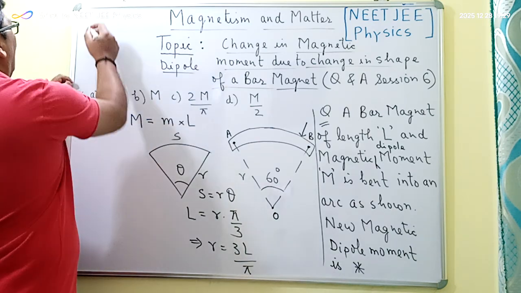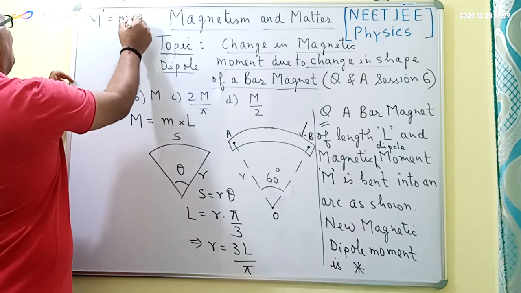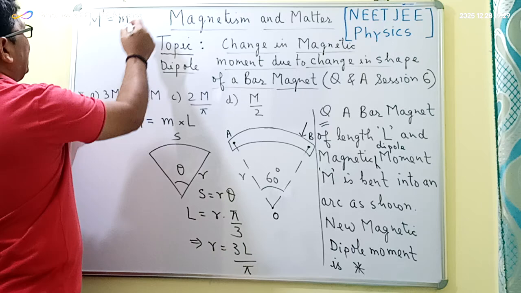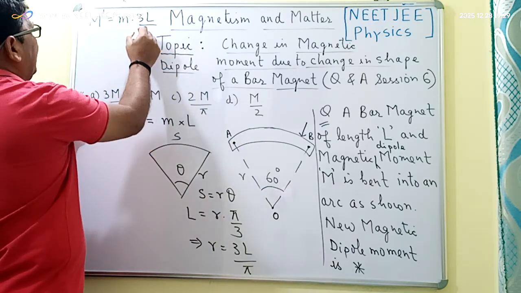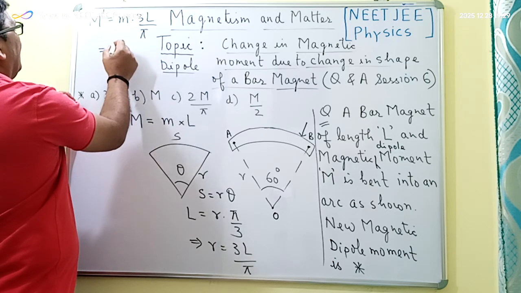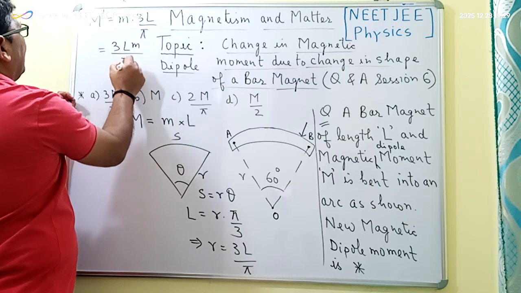So the new magnetic moment, say M dash, will be equal to m into the new magnetic length, and the new magnetic length will be equal to 3L divided by pi. So this will be equal to 3Lm upon pi.